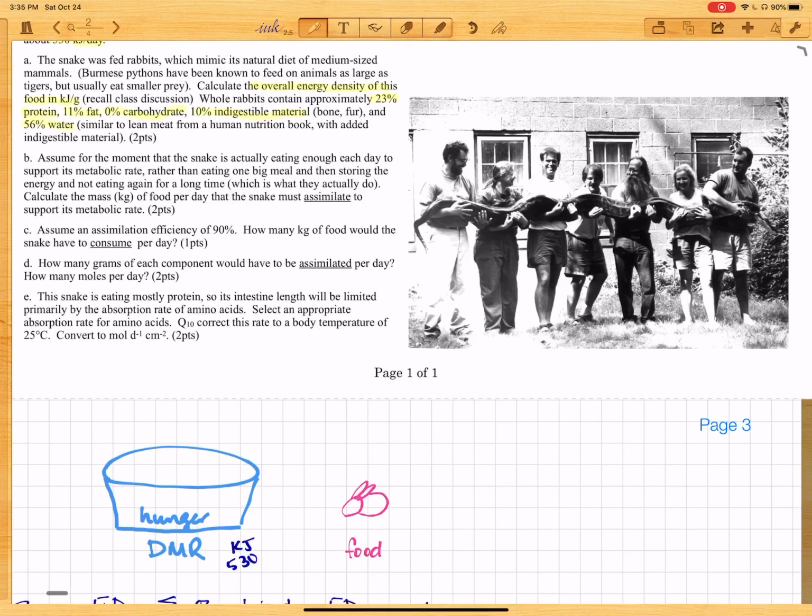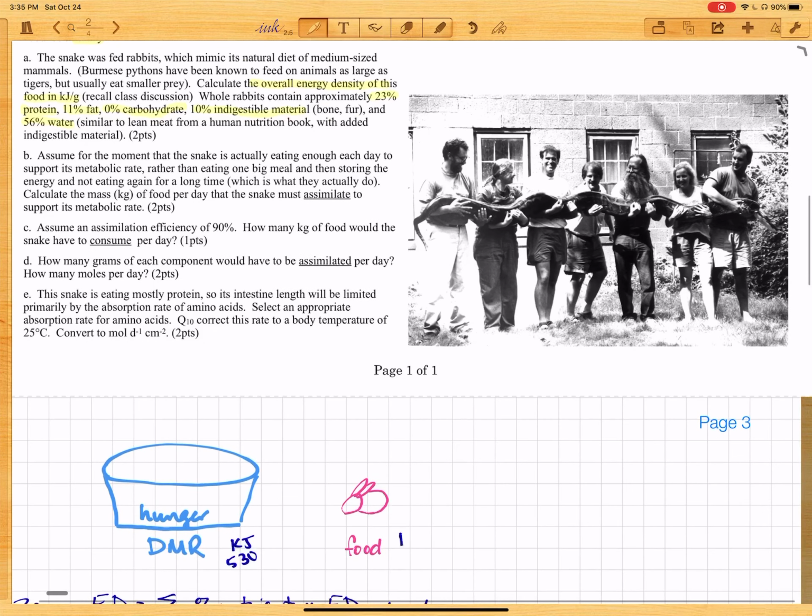And to fill that up, we have food, which has a particular value of kilojoules. So the question becomes, how many units of that food do we have to eat? And the energy density is basically how many kilojoules per gram, right?